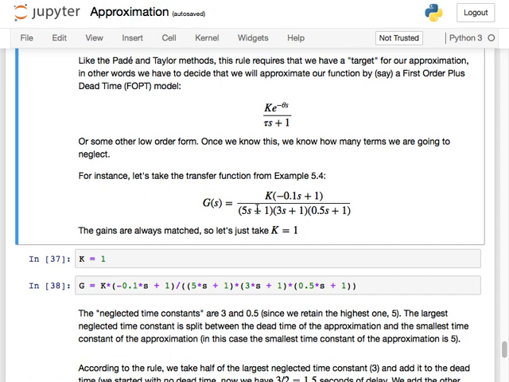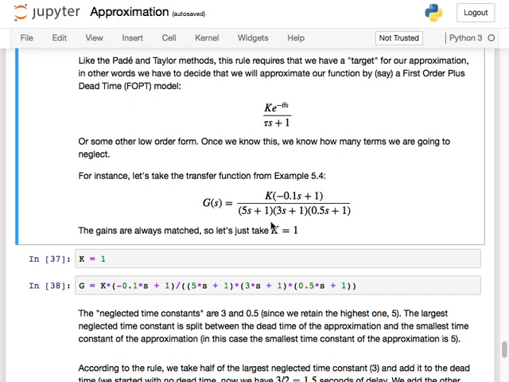Skogestad proposes this rule. So he says, the first one, the largest neglected time constant, you split halfway between dead time and time constant. And we saw that kind of idea was already there in that previous assumption that I made, where I just said, well, it's 10 systems, they've all got a time constant of 1, maybe they've got a delay of 1, and it worked not bad, but it didn't make the function slow enough.